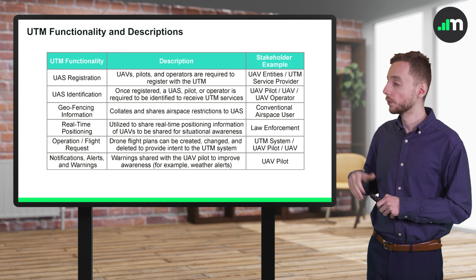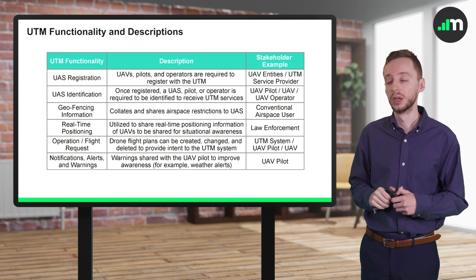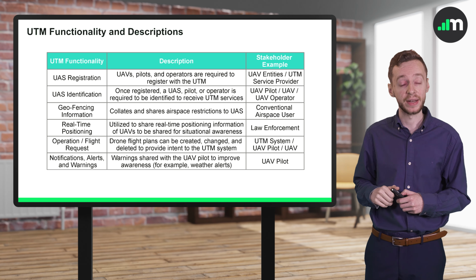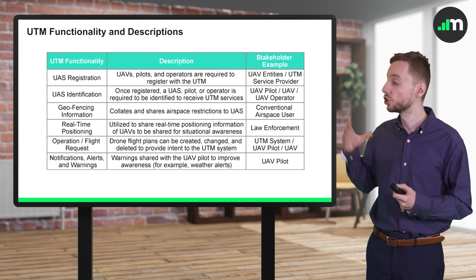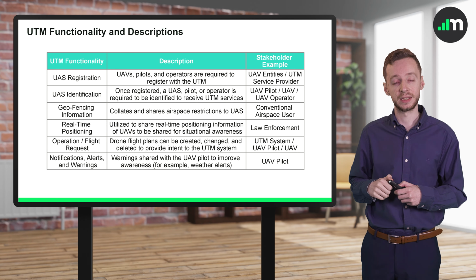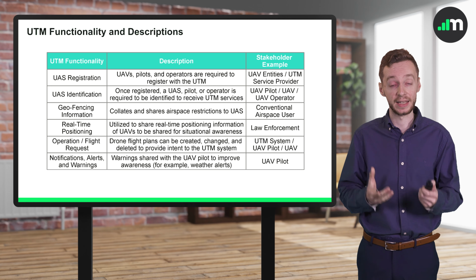Now, the UTM can also provide geofencing information. And the example we can use for that is those conventional airspace users. The UTM is going to be there to collate and share airspace restriction-based information and UAV location-based information to other airspace users.